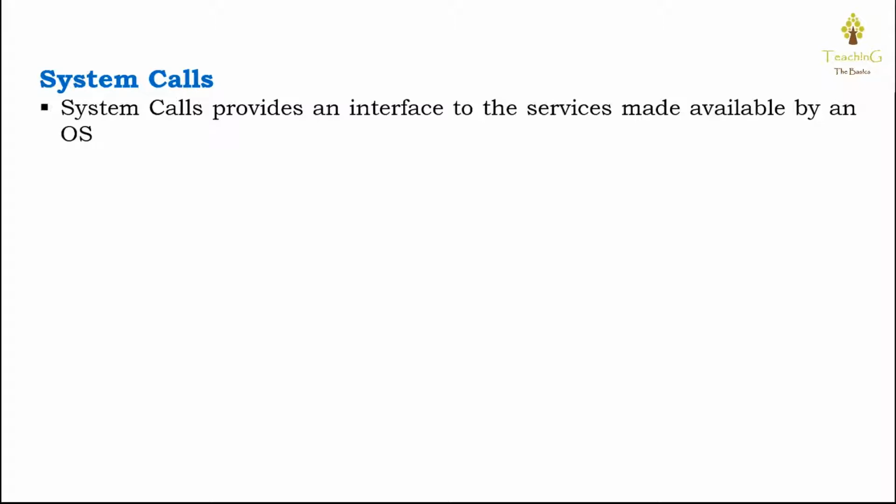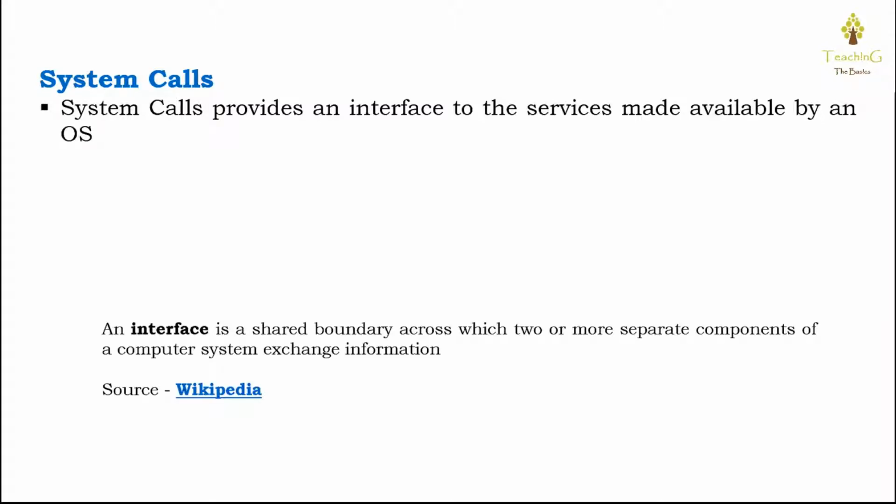Now this is the definition of an interface, because some of you may get confused about what an interface is. An interface is a shared boundary across which two or more separate components of a computer system exchange information. This definition is from Wikipedia.